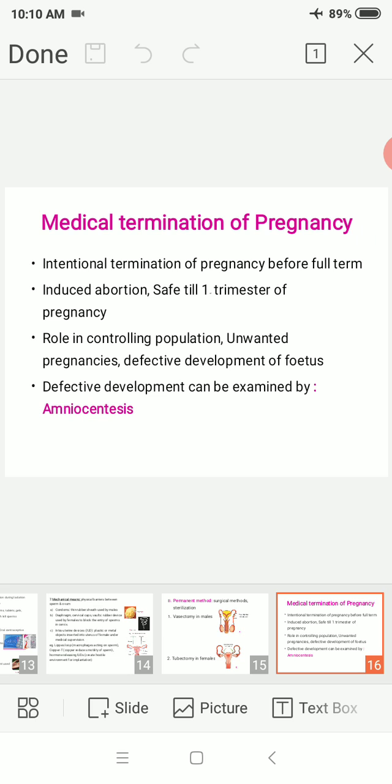It plays a role in controlling population, unwanted pregnancies, and defective development of the fetus. Defective development can be examined by amniocentesis.